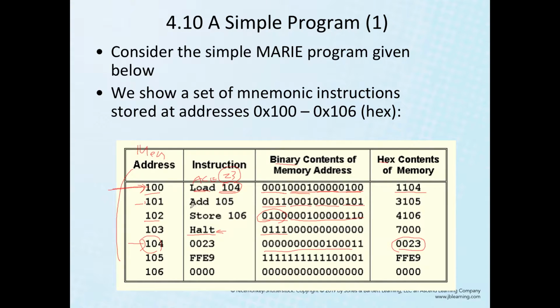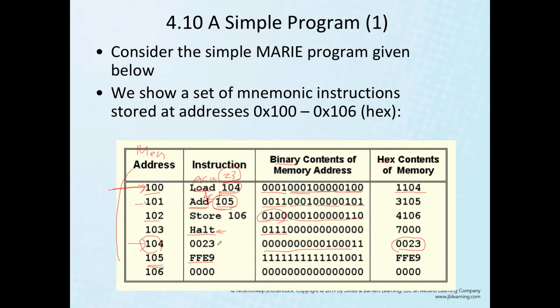And then the next instruction is add 105. Add means add the accumulator with the data at address 105. At address 105, the data is FFE9. So currently the accumulator has 23, and at address 105 we have FFE9.